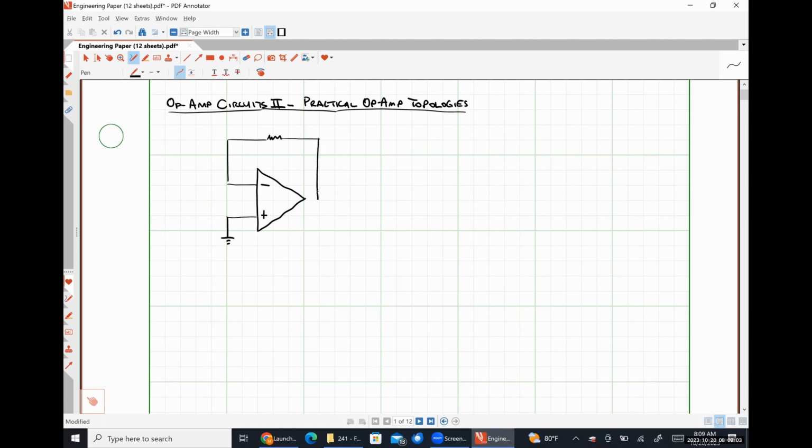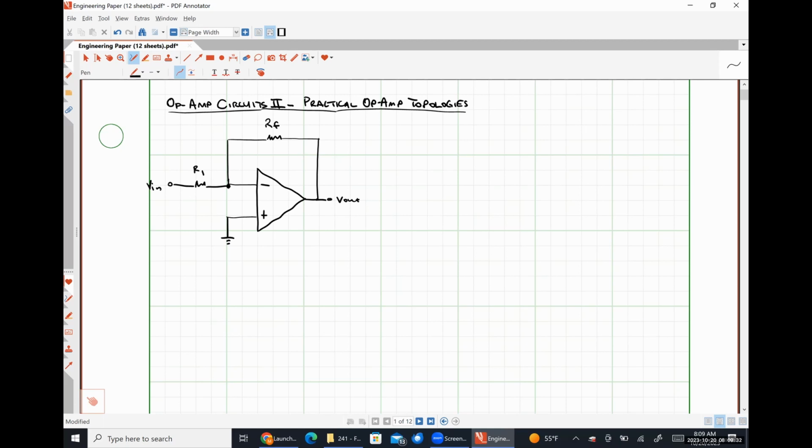I'm going to call this resistance RF. So that stands for feedback resistance. I'm going to measure my output voltage here. And I'm going to put some resistor here, which I'm going to call just R1. And I'm going to apply my input voltage at that left-hand leg of resistor R1 like so.